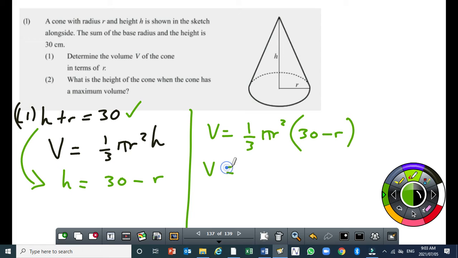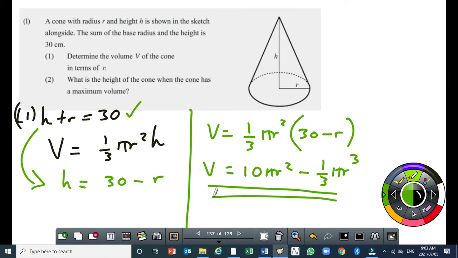V equal to 1/3 times 30 gives me 10, so that will be 10 pi r squared. And then r squared times r, I'll get minus 1 over 3 pi r cubed. So this will be my volume in terms of r. There is no h anymore. You can't have two variables, so that's why we have to eliminate that h.